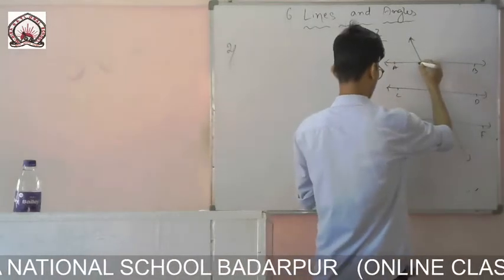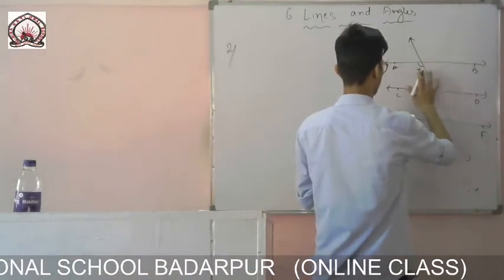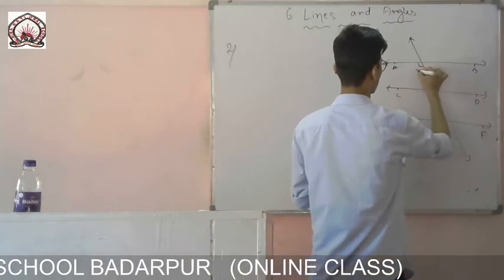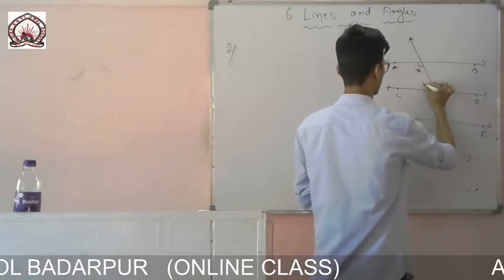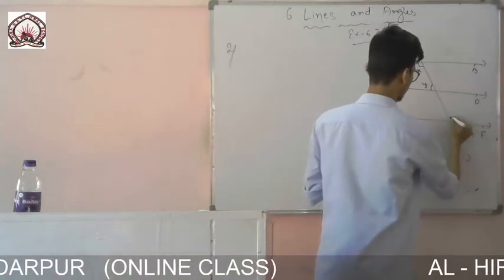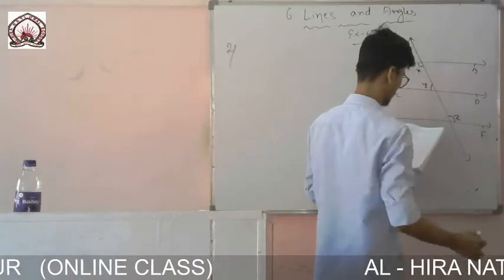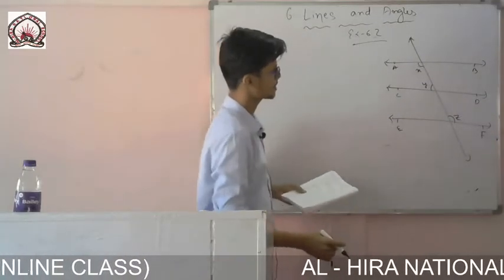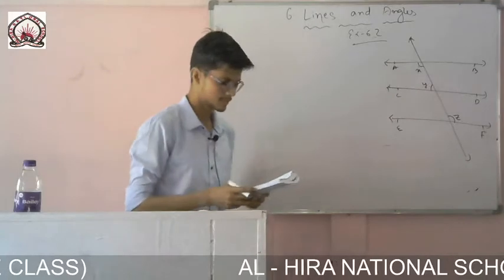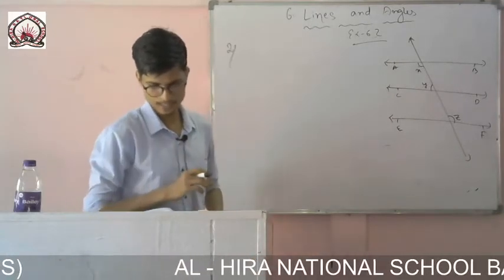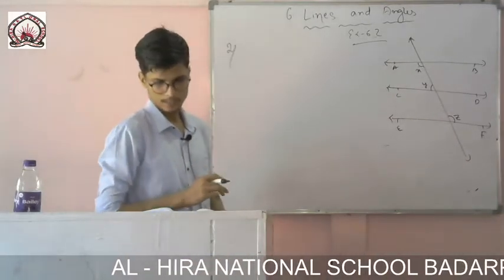Angles are given: this one X, this one Y, and that one Z. These are the things given in the question, and it is given that AB is parallel to CD and CD is parallel to EF.